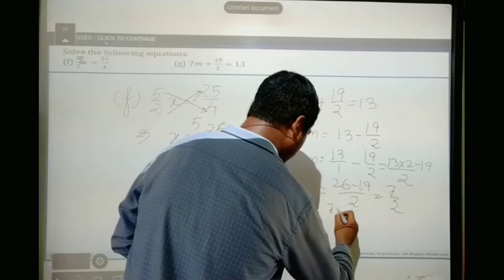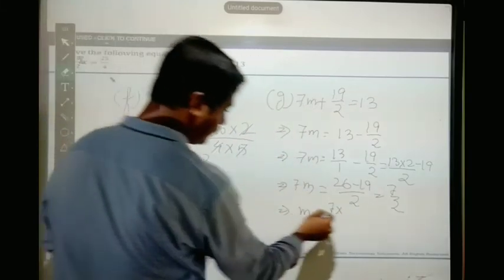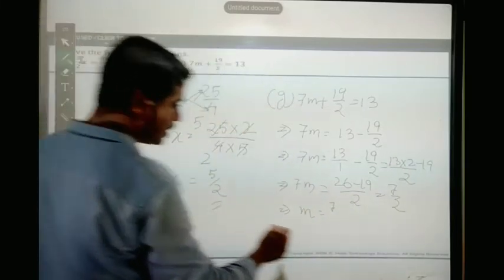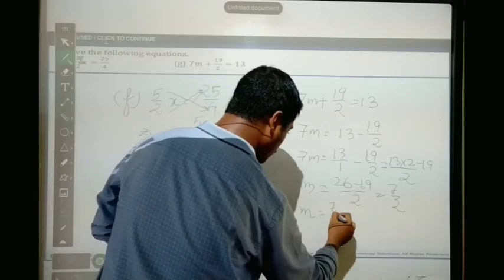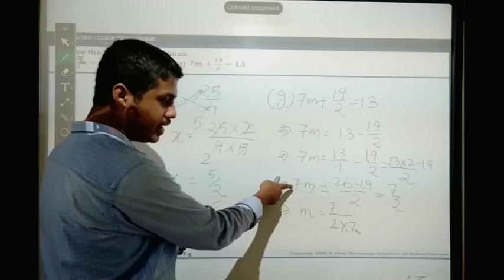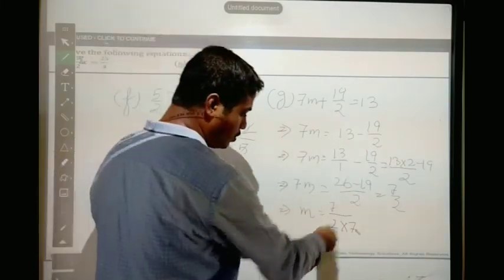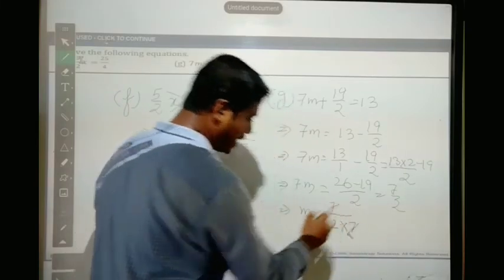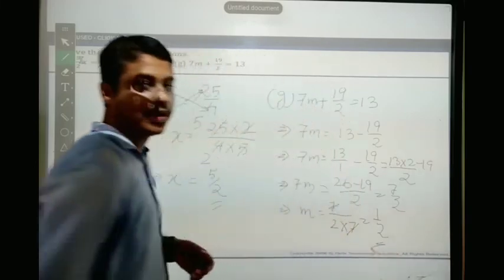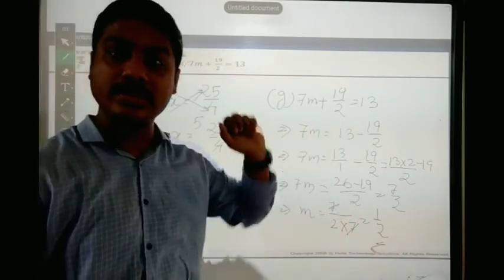So 2 into 7, since here 7 is multiplied, if I transpose to the right hand side, that will be divided. So it will be 2 into 7. So 7 and 7 I can cancel. What will be left out? Your answer will be equal to 1 by 2. So this is your answer of question G.